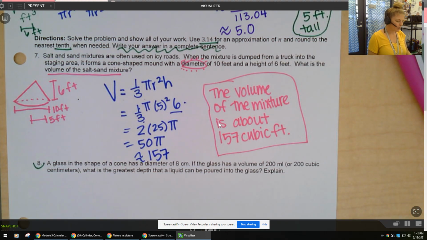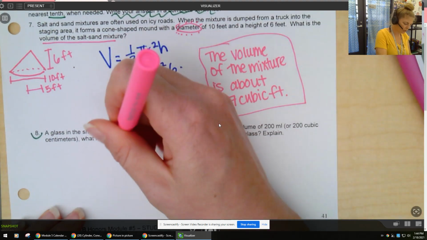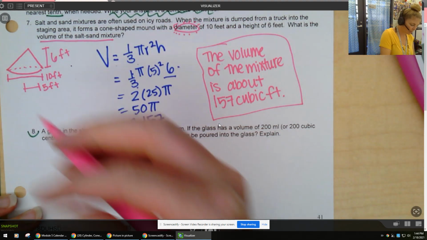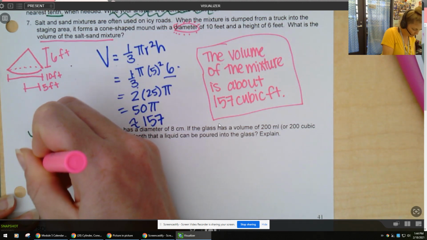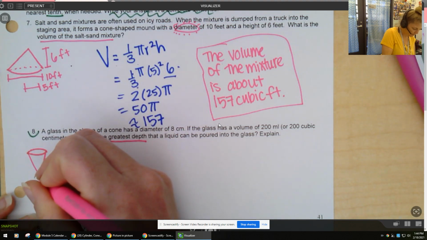Okay, so number 8, we're going to take a look at it. Notice it's asking about the greatest depth that the liquid can be poured into the glass. And if we read, it says a glass in the shape of a cone. So here's your glass. And you're like, how does it stay?